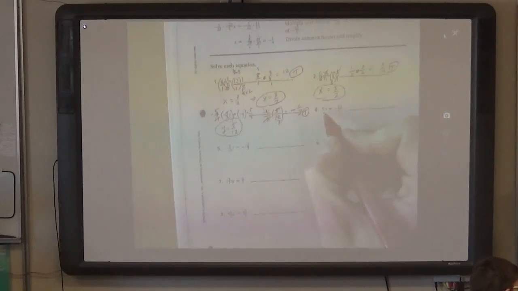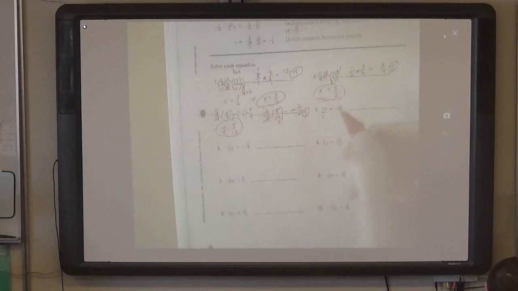Number 4. Put 5 over 1. 5 is a whole number, so put it over 1. And multiply it by the reciprocal, 1 over 5. Cross out the 5s. Multiply by 1 over 5 on the other side.